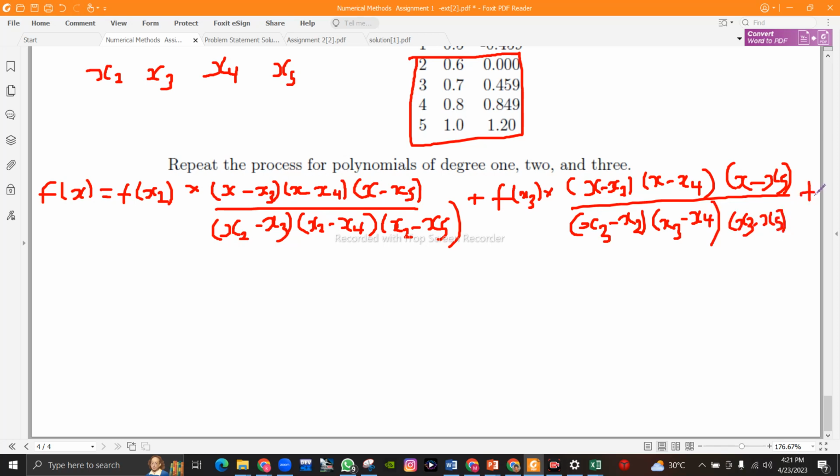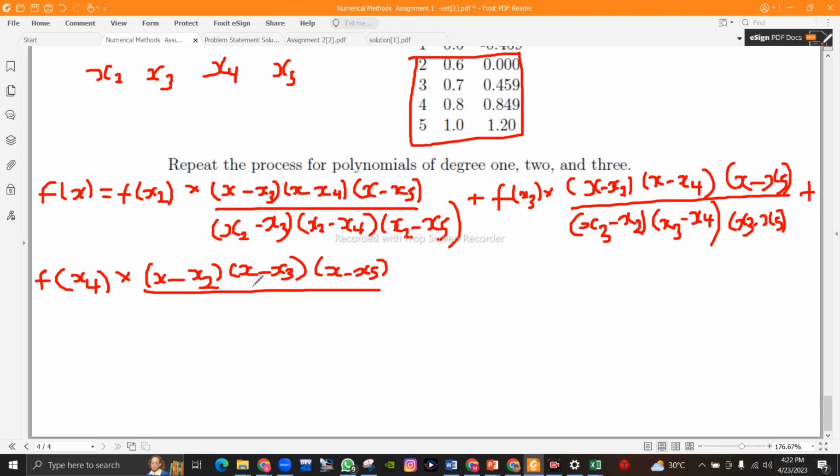then plus f of x4 times x minus the other ones: x minus x2, x minus x3, x minus x5, then divided by the other one, that will be x4 minus x2, then x4 minus x3, then x4 minus x5.